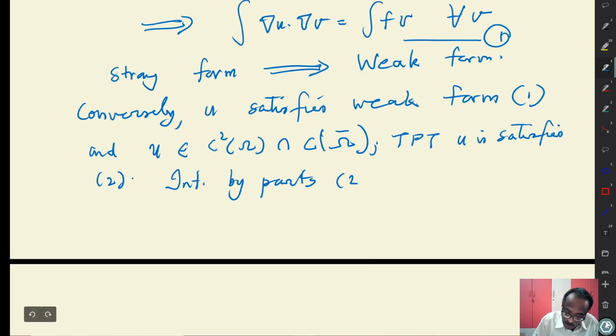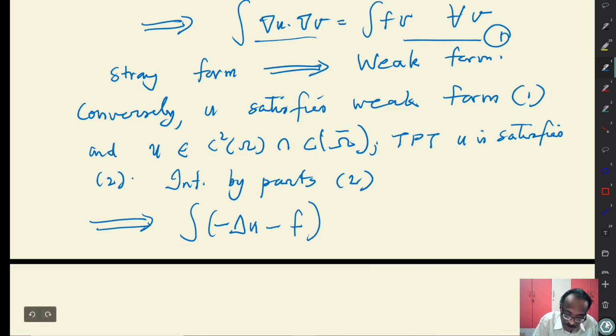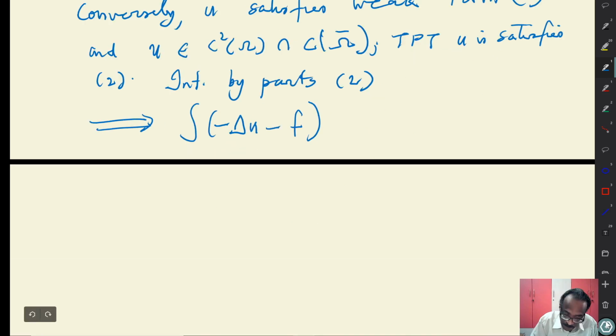Integrating by parts will imply the integral of minus Laplacian of u plus f, and then v will go here. If you integrate by parts, there won't be any boundary term, so this integral against v equals 0 for all v.